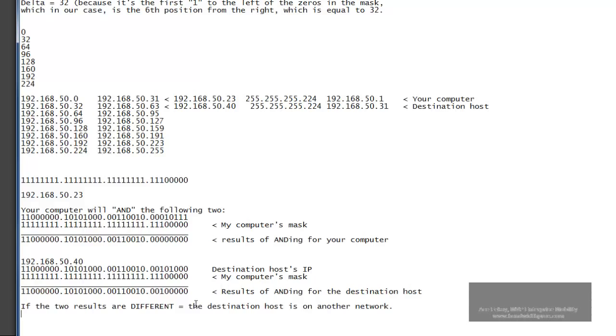All right. If the two results were the same, the destination host is on the same network or same switch. That's what it comes down to.